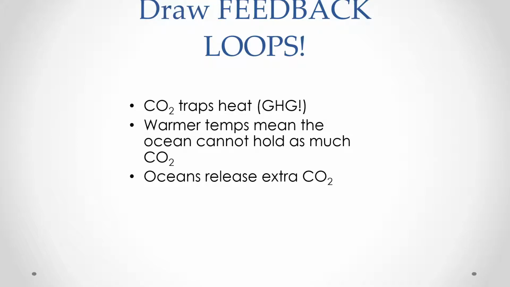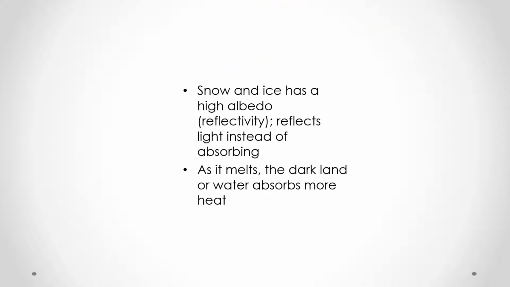There are a lot of positive feedback loops when it comes to global climate change, unfortunately. Another one: snow and ice has a very high albedo because it's reflective, right? It reflects energy away. It reflects light instead of absorbing it. As it melts, the dark land or water will now absorb more heat, which warms the temperature, which melts more snow and ice.